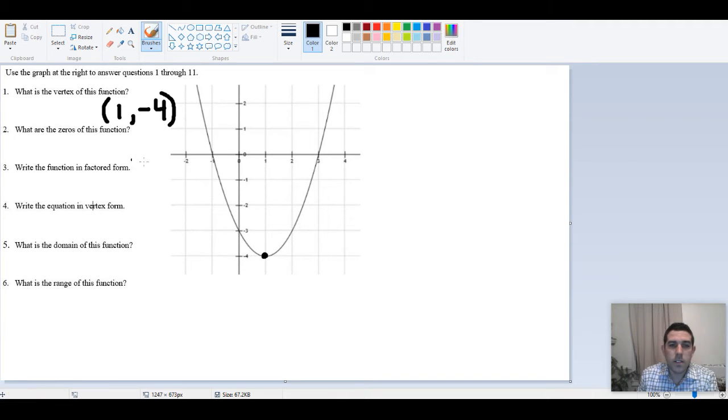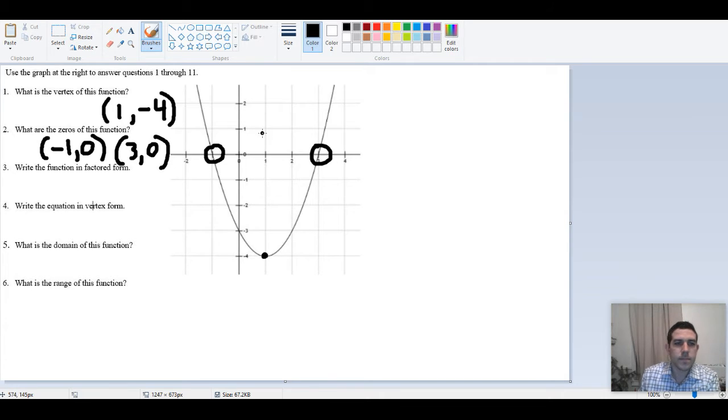The zeros of the function are where the parabola crosses the x-axis: negative 1, 0 is one of them, and the other one is positive 3, 0. Now that I have the zeros, I should be able to write it in factored form.